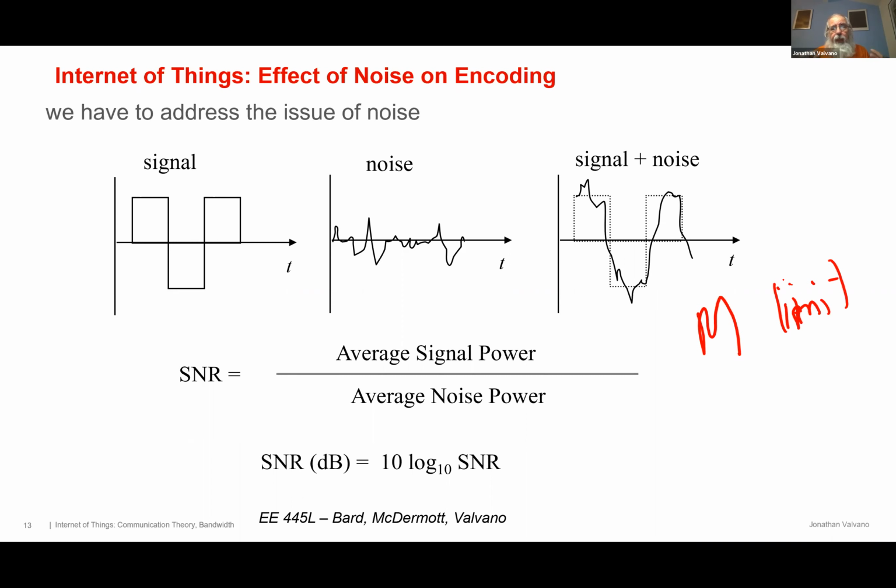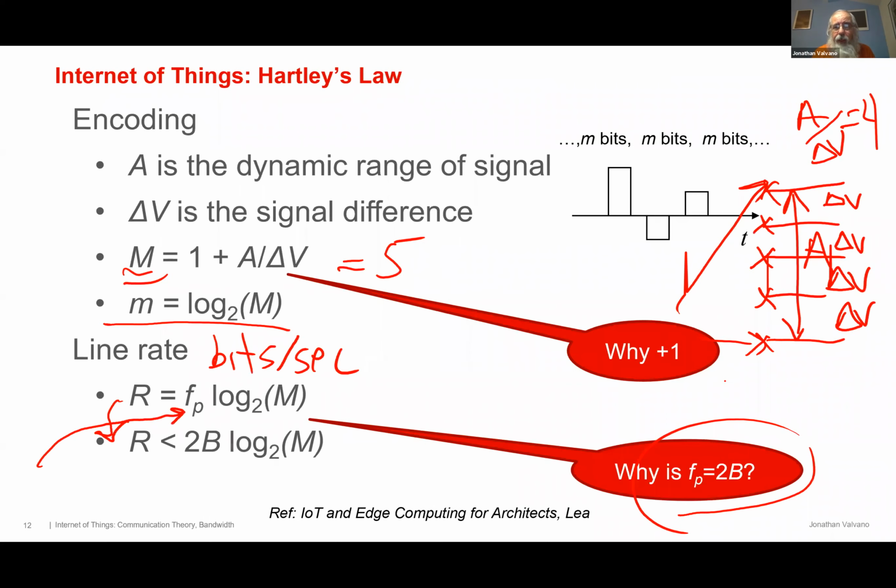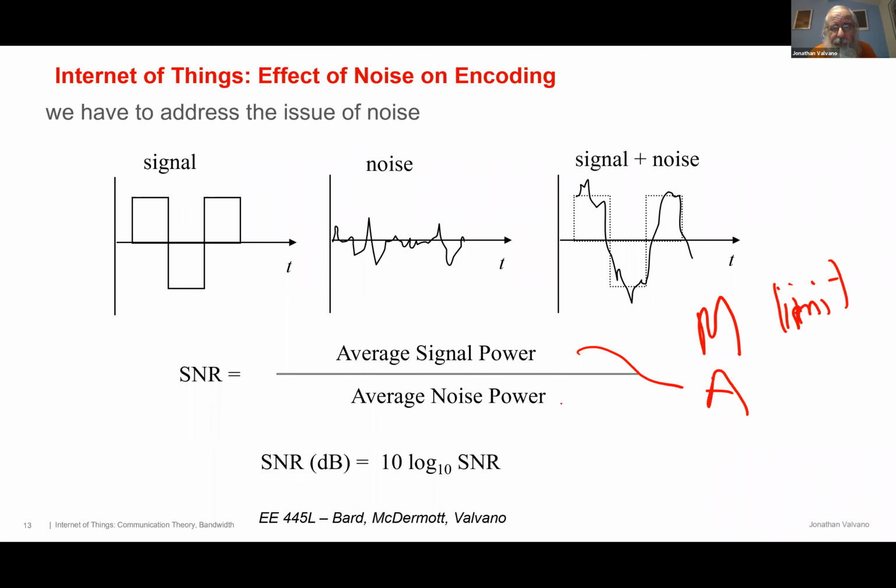In the context of the previous slide, the signal was A, that was the dynamic range. The noise is going to give you an understanding, a limit, for how many different places I can divide it.